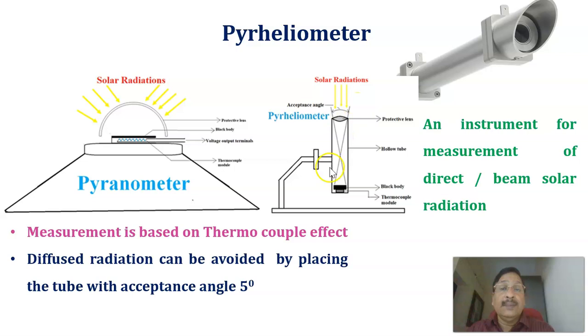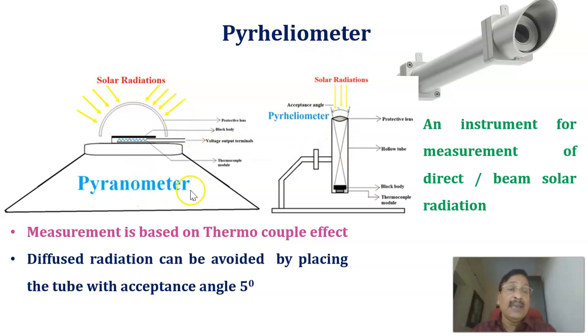In order to get direct radiation only, the acceptance angle is made 5 degrees. Only that 5 degree portion of the direct or beam radiation passes through this tube and falls on a black surface. The temperature of that black surface increases, and that is measured using the thermocouple and thermopile arrangement. Therefore, the pyrheliometer measures only the direct or beam radiation.